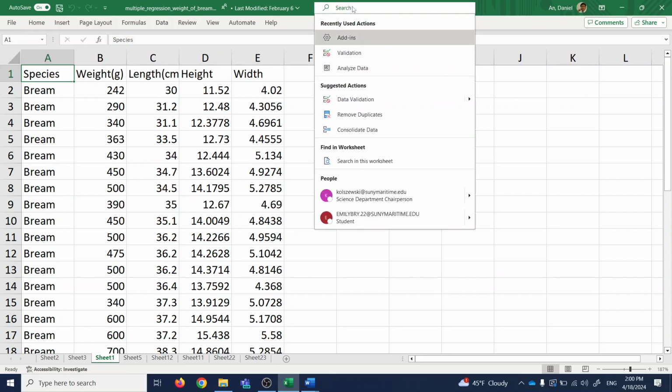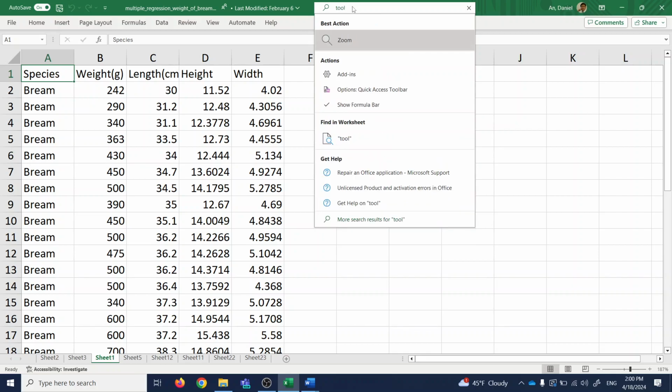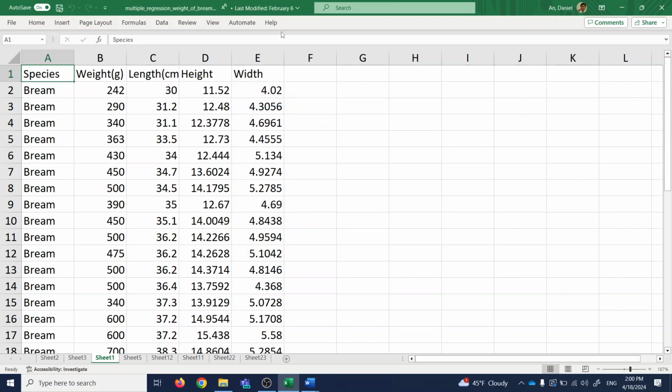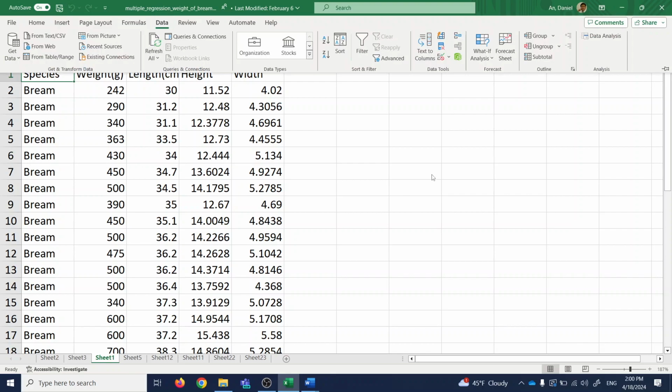You have to go to add-ins, and you have to install the Analysis ToolPak. Once you have the Analysis ToolPak installed, you get a new item on the menu. If you click Data, there's a new analysis portion, and there's this Data Analysis, which you can click.